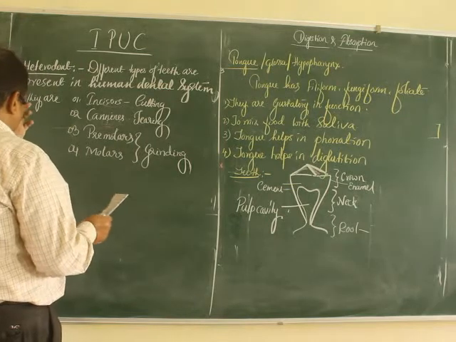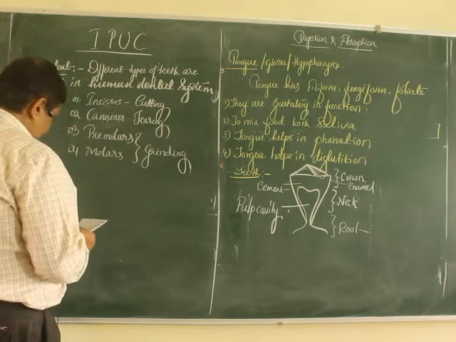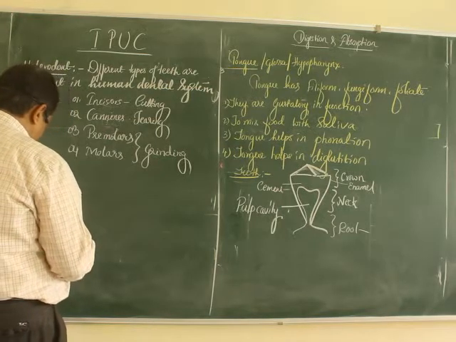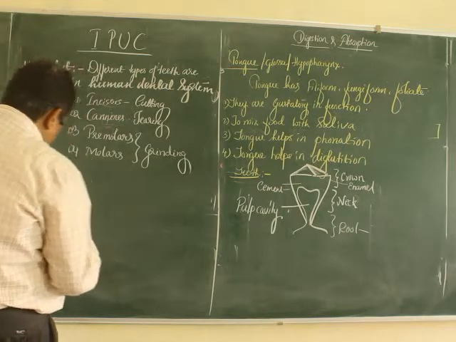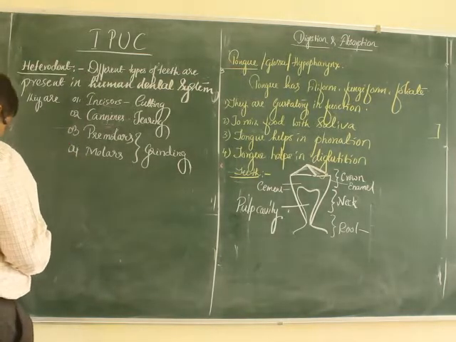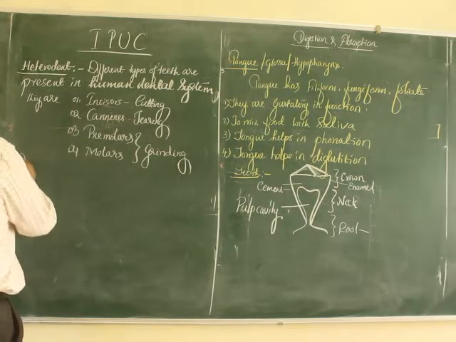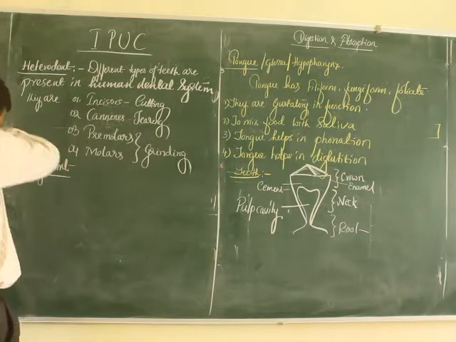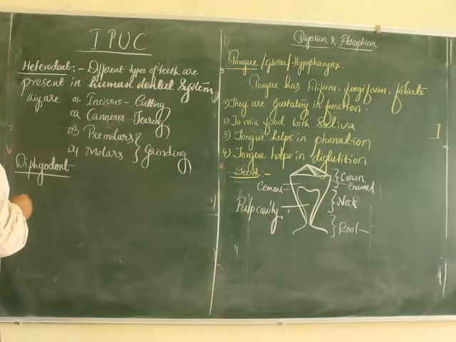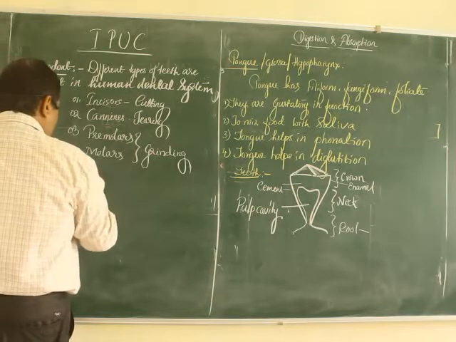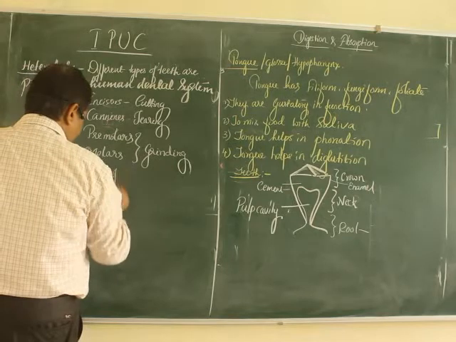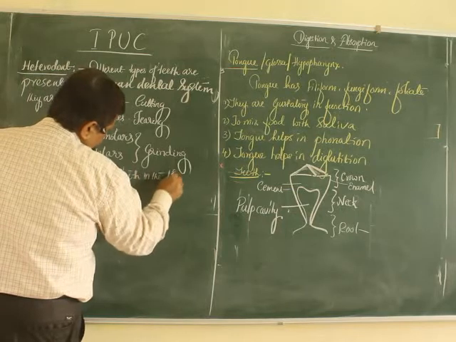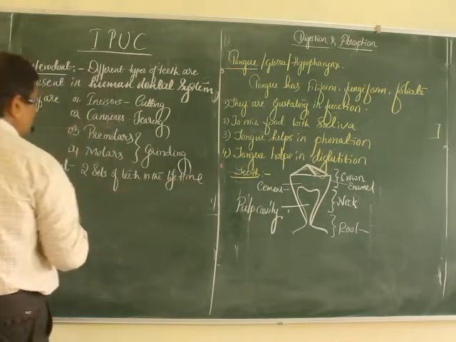And human teeth is also called diphyodont, because there exist two sets of teeth in a lifetime. What are the two sets of teeth?